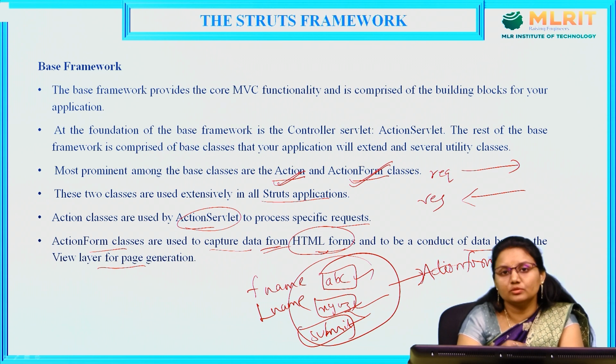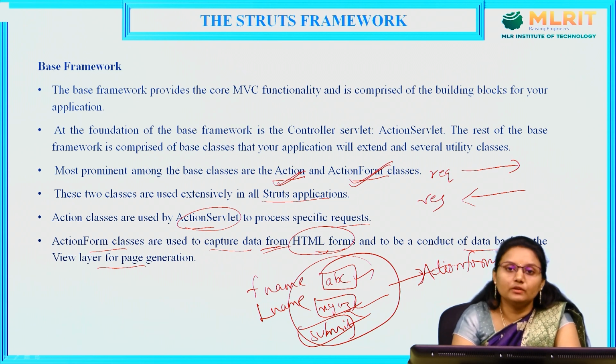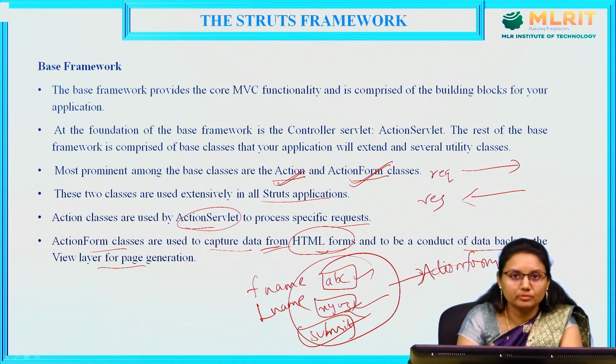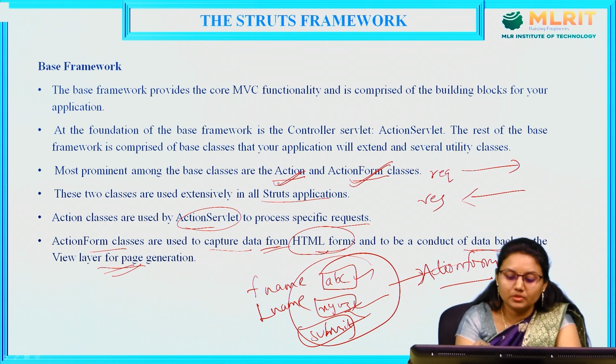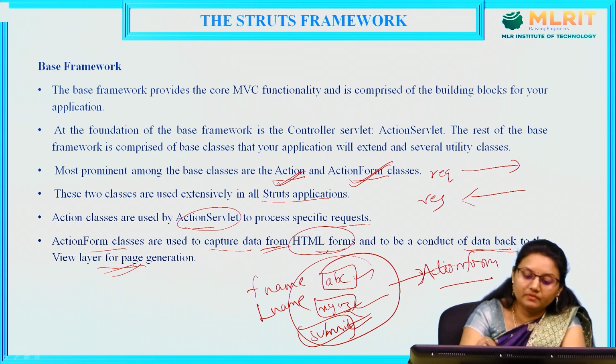Not all users will give the same input. When you have a registration form, I will give one input, and another user will give a different input, but all the inputs have to be stored. That can be done by using this ActionForm, to conduct the data back to the view layer. View layer means, suppose I click on the submit button, whatever input you give here, I want to see in the output page.